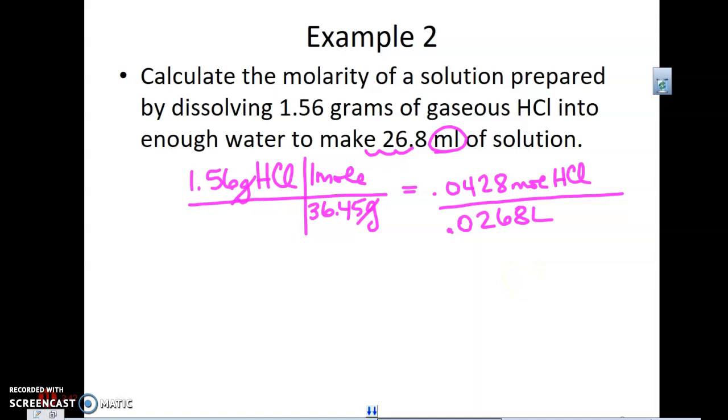And so then what we're going to do is take that, divide by 0.0268, and we'll get an answer of 1.60 molar. Okay, and again, that can be moles per liter, or just the big M means molarity.